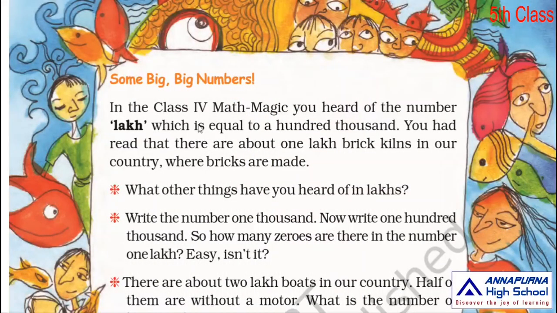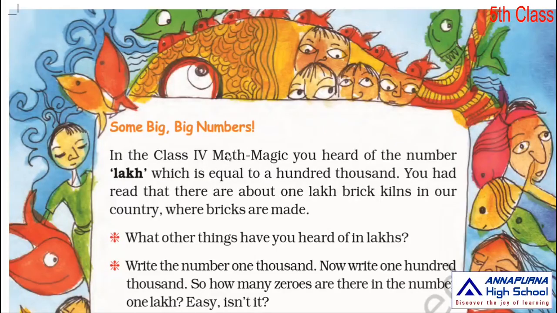In the previous video, I learned up to the ninth page. Now, the topic is big numbers. In the class 4 Maths Magic, you heard of the number 1 lakh, which is equal to 100,000.